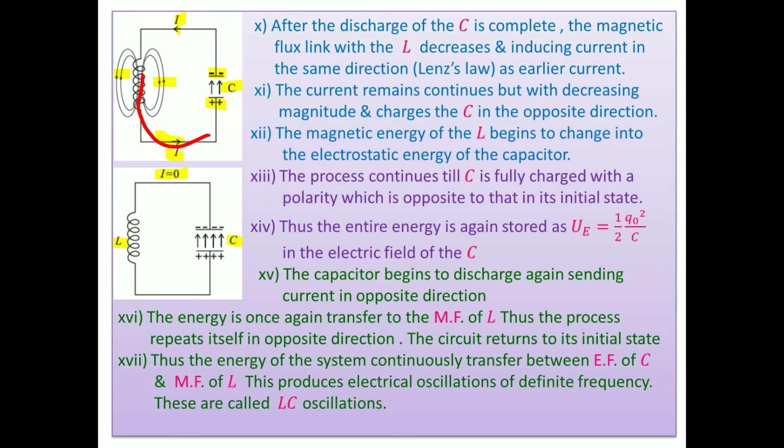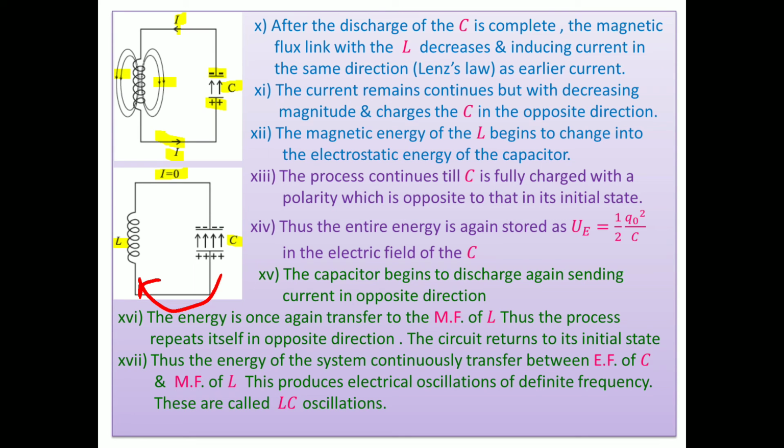And as C is fully charged, again what happens? It sends a current in the opposite direction, in this direction. Again, the same thing happens, with polarity opposite to that of the initial state. Thus, the entire energy is again stored as electric energy.